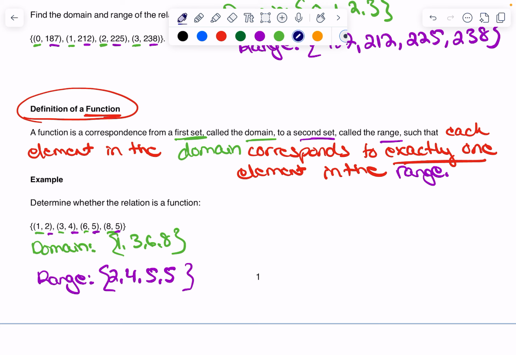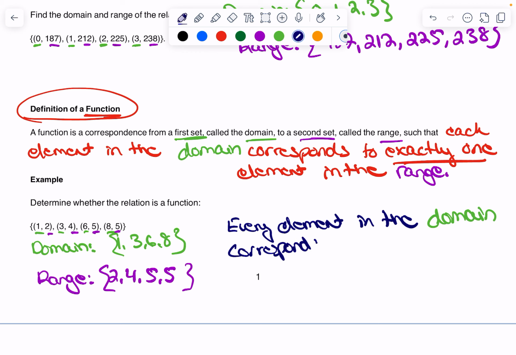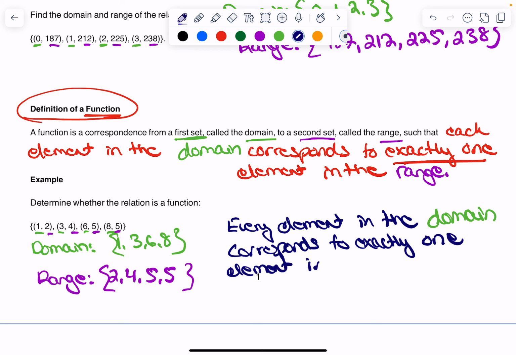So if we look at those now, every element in the domain, so 1, 3, 6, and 8, corresponds to exactly one element in the range.